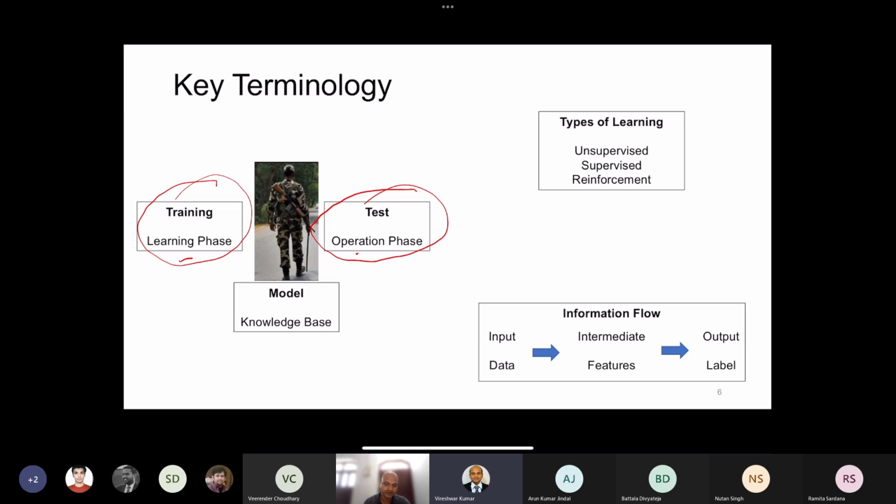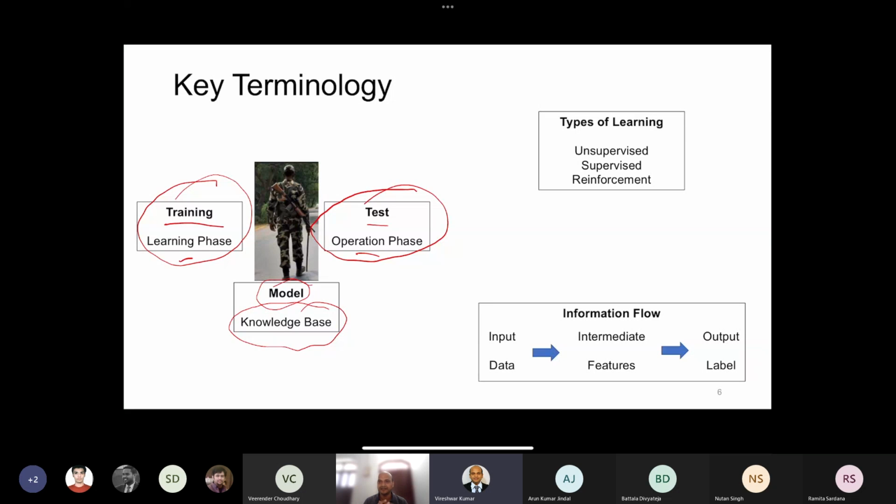The learning phase is called training, and the operation phase is also called the test phase. And the algorithm that we are utilizing must have some knowledge base, and that knowledge base we typically refer to as the model.